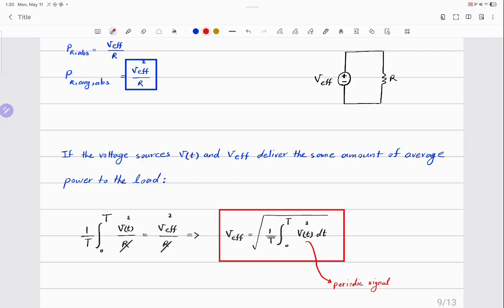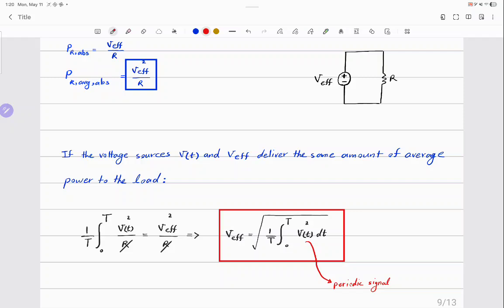And this is my request. Please create a DC voltage source that delivers the same amount of average power to the load as this periodic signal. How do you calculate the value of that DC source? Using that equation. Did that make sense?